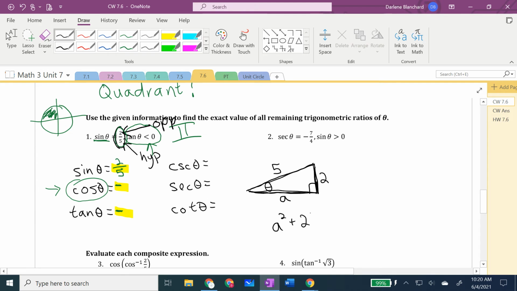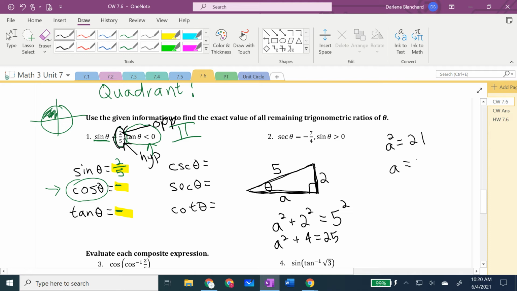a squared plus 2 squared is equal to 5 squared. It's always leg squared plus leg squared equals hypotenuse squared. That means that I have a squared plus 4 equals 25. Subtracting 4 gives me that a squared is 21. And then we take the square root.